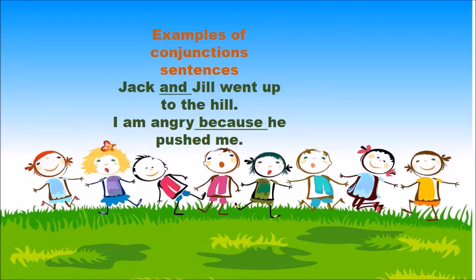Next, I am angry because he pushed me. So the word because is giving the reason, the explanation why something happened. So why is he angry? The reason he's angry is that the other person pushed him.